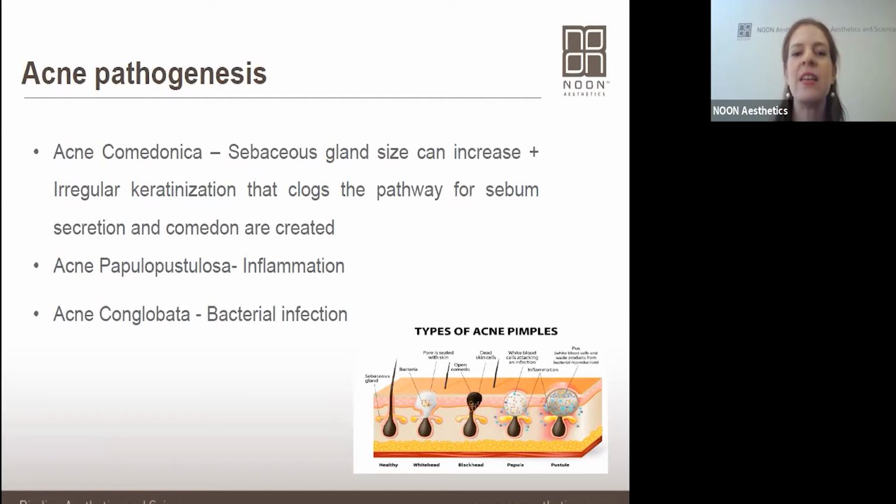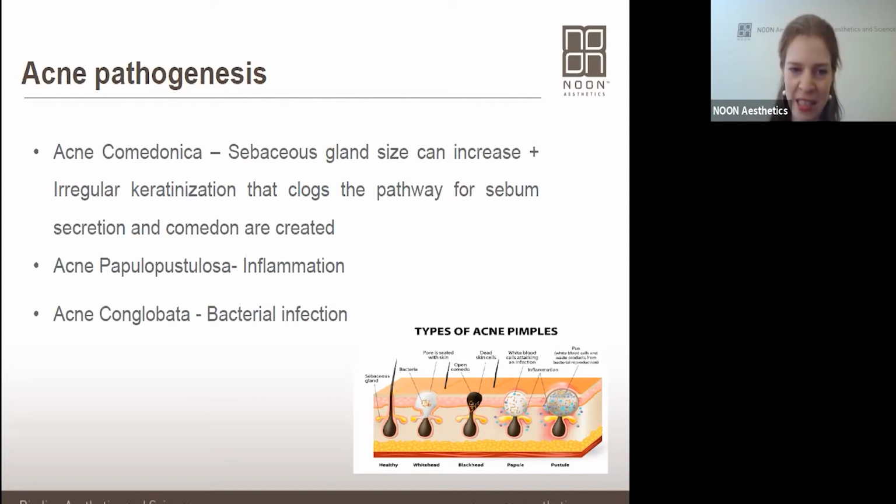First, the sebaceous gland size can increase, and there is irregular keratinization that clogs the pathway for the sebum, and comedones are created. This is the first stage of acne, called acne comedonica. The second stage is when we also have inflammation.